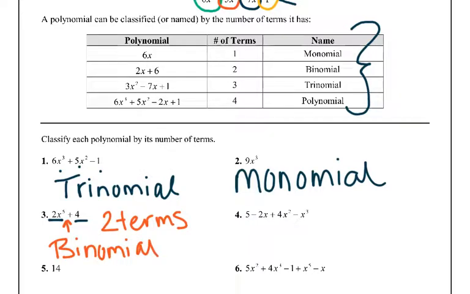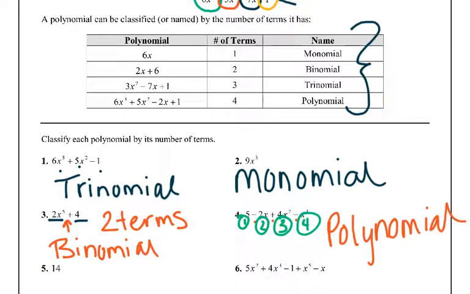Now if I look at this fourth one, you have 5 minus 2x plus 4x squared minus x cubed. There's a subtraction sign, an addition sign, and a subtraction sign, meaning I have 1 term, 2 terms, 3 terms, 4 terms. So anything with 4 terms is considered a polynomial.